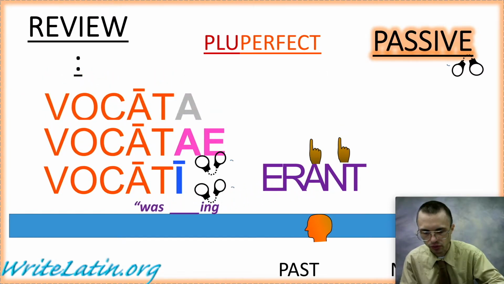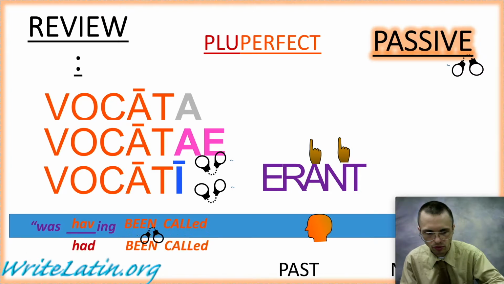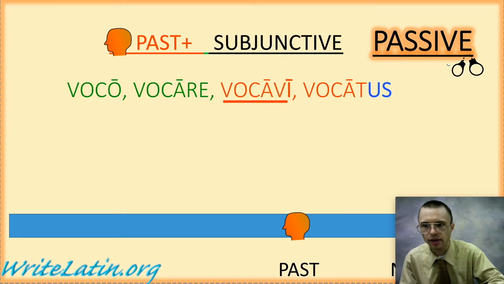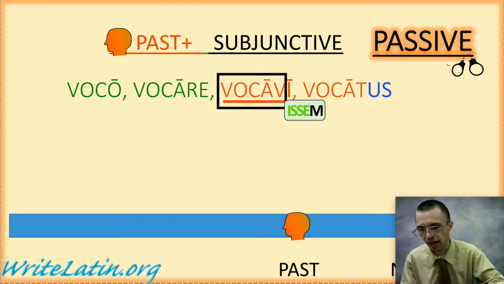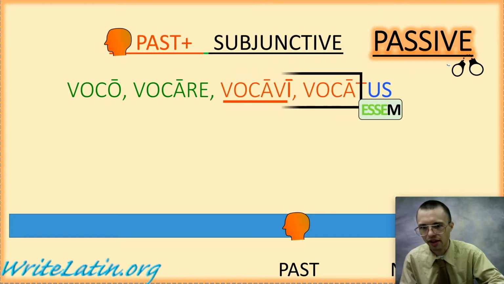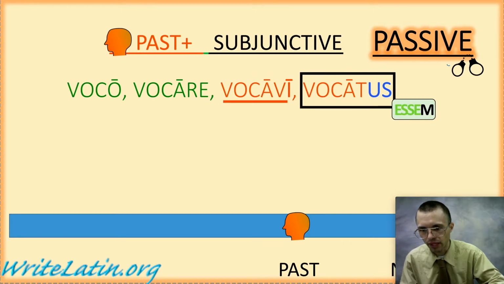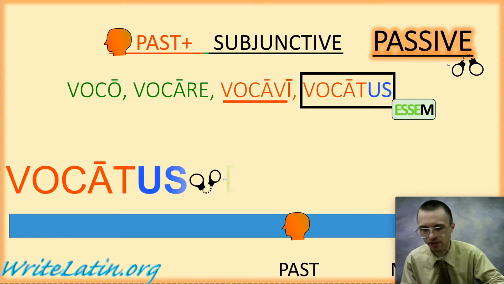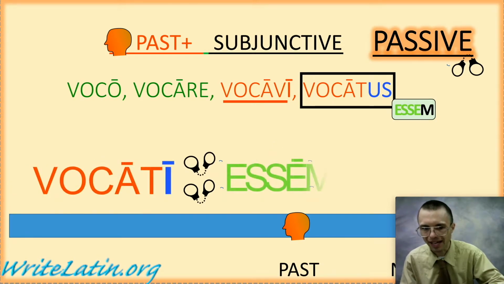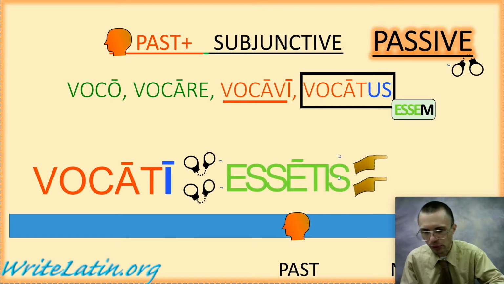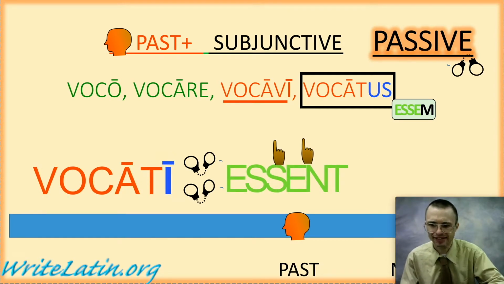whereas the past backward-looking subjunctive is going to tack on essem. Essem is a form of esse, making it be vocatus essem, vocatus esses, vocatus esset, vocati essemus, vocati essetis, vocati essent.